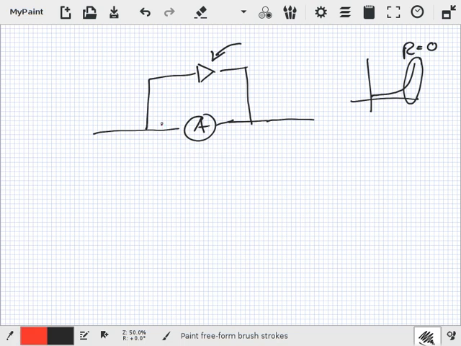Let's say we have I1 here and I2 here, and this is I here. And we'll say that I is very, very big. This one here has a resistance. The resistance in the ammeter is going to be pretty small, so I'll write it as R1, and the resistance here will be R2.